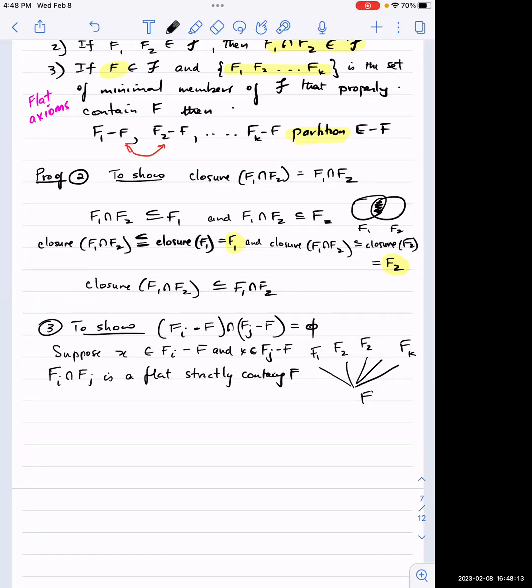And this contradicts the minimality of Fi and Fj.